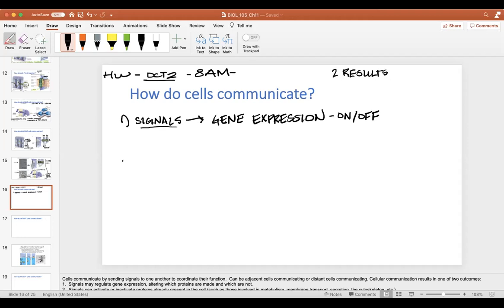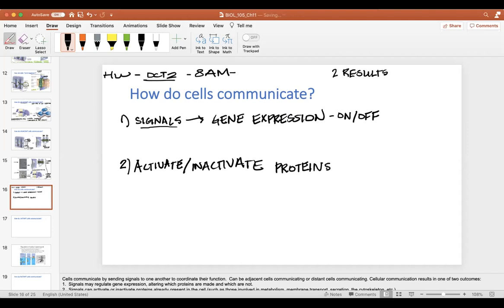All right. Another thing that cellular signals can do is they can activate or they can inactivate proteins, okay? Proteins that are already present in the cell.